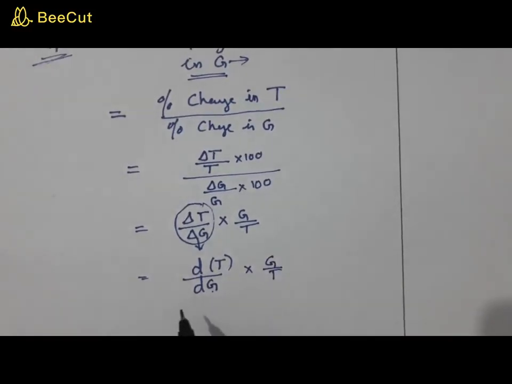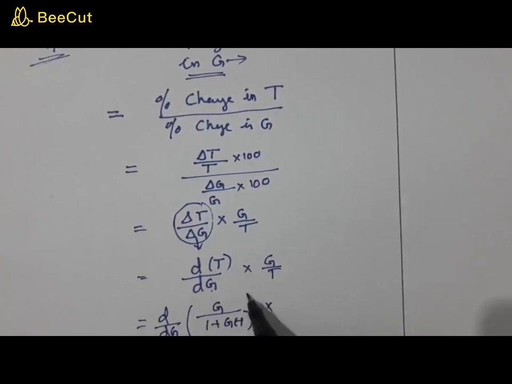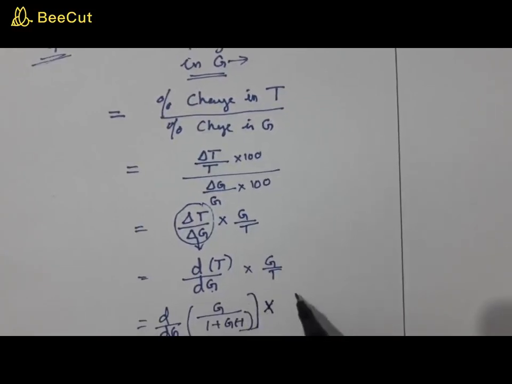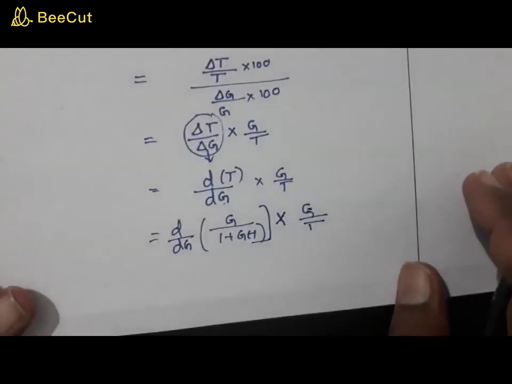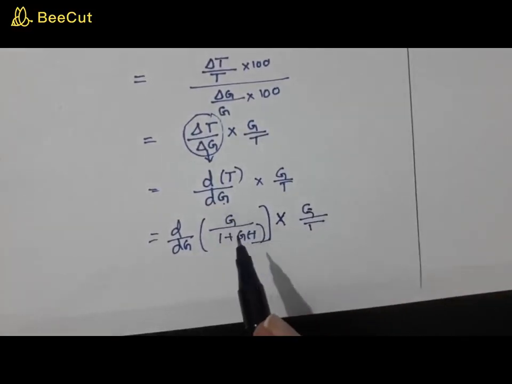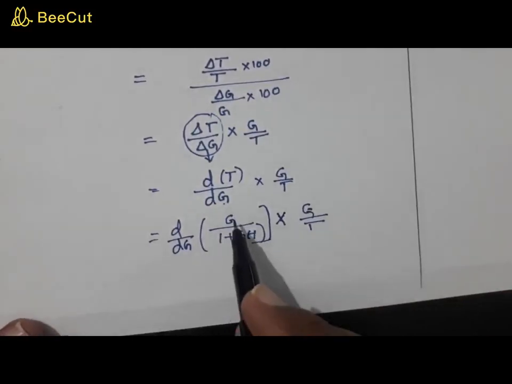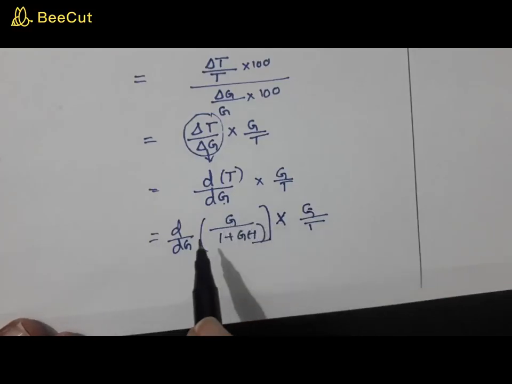Now what you are going to do is take the derivative of G by 1 plus GH, and after taking the derivative, that has to be multiplied by capital G by T, right? How will you perform this differentiation? You can apply the U by V rule, that is V into dU minus U into dV, by V square.